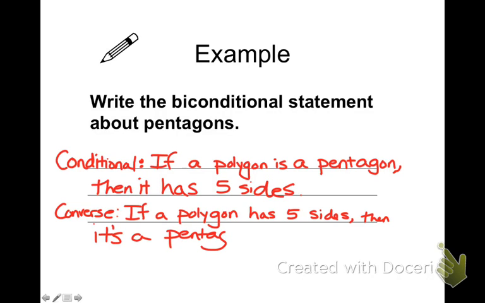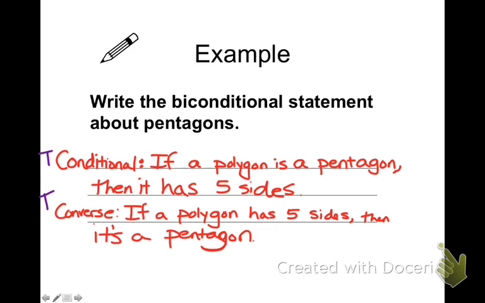Oops, that should have an apostrophe. Is that true? Okay, so both the conditional statement, so that's true, and the converse are true.